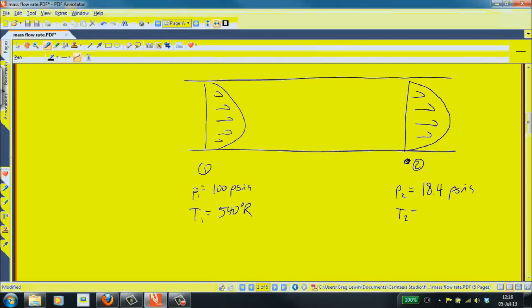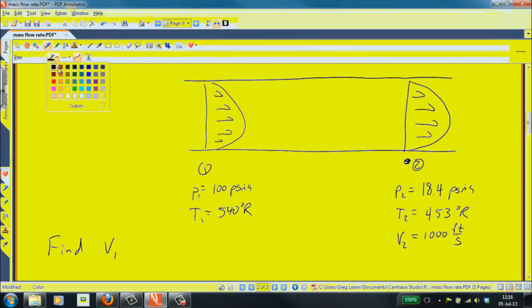The temperature has gone down, sorry, to 453 degrees Rankine, and the average velocity is 1,000 feet per second. And our job is to find the average velocity at the upstream portion of this particular section of pipe.